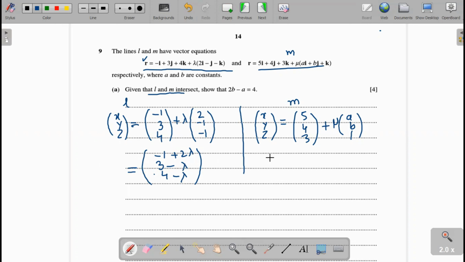And this also can be written as 5 plus mu a, 4 plus mu b, and 3 plus mu.